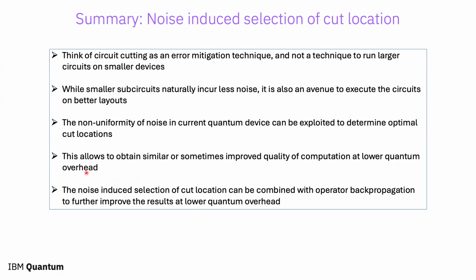What we didn't do here is putting this operator backpropagation together with hardware inspired cutting. Nothing is stopping us from doing that. If you put both of these together, it will give you an even more improved result. The reason we didn't do that is for both of these, we wanted to show the improvements that each of these methods bring to the table. None of these results are with error mitigation.